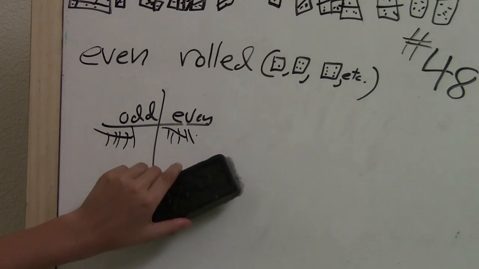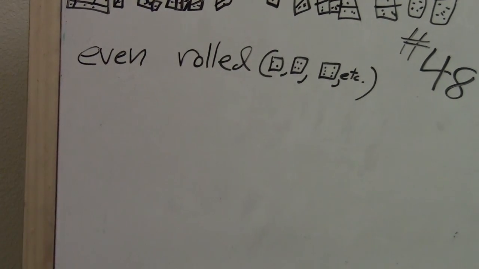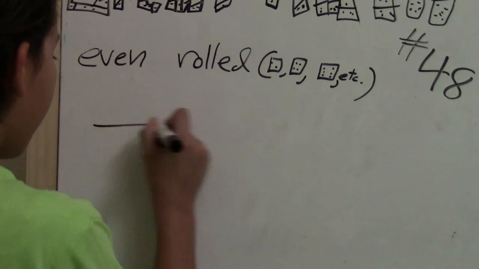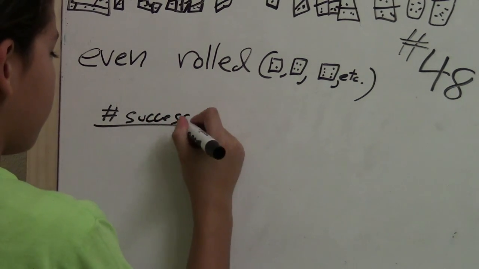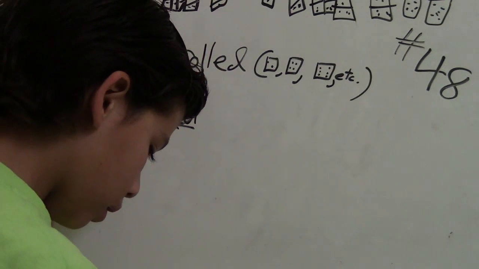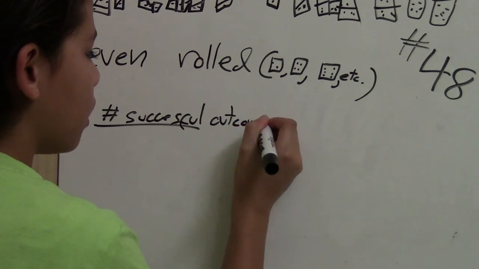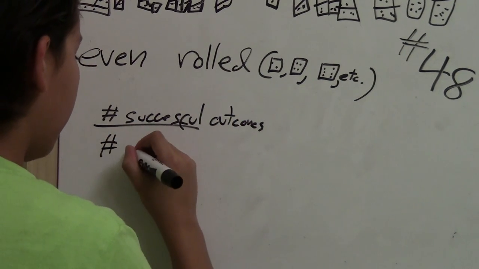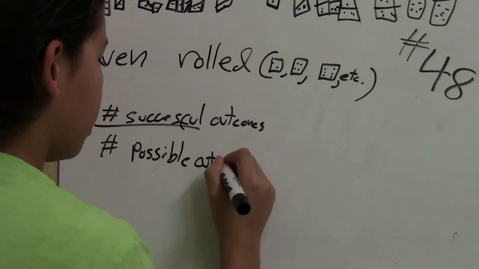But look here. What do you see? They seem pretty even on both sides. So that gives us a hint, but we want the actual answer. So let's do the actual probability way. It's the number of successful outcomes and number of possible outcomes.